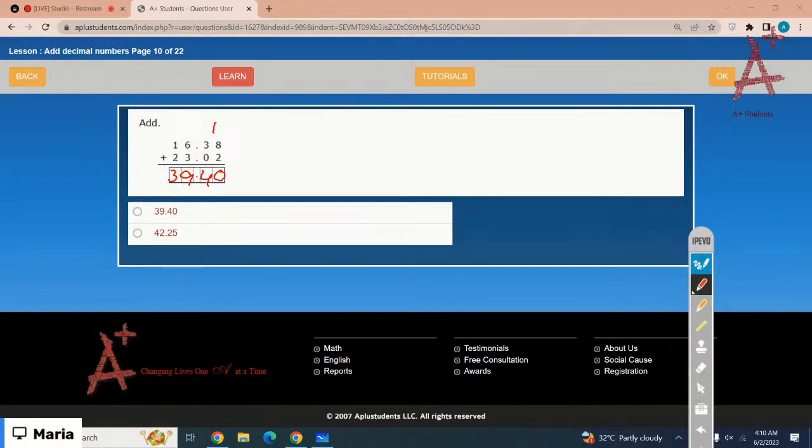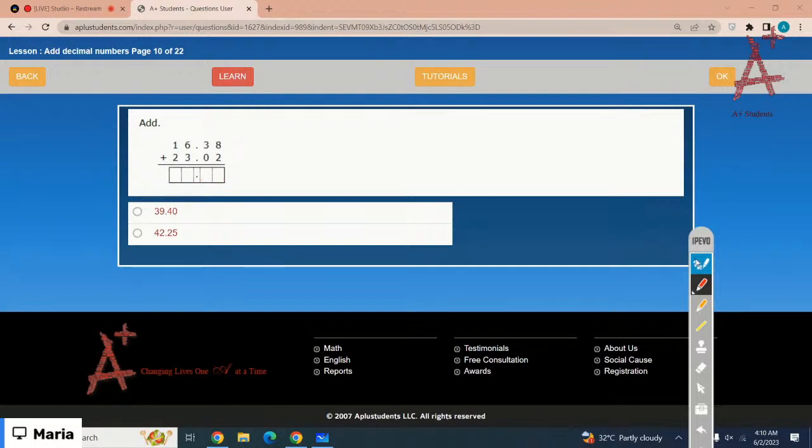It would be 39.40. So the correct option is 39.40.